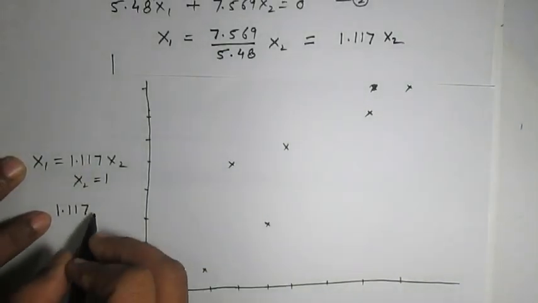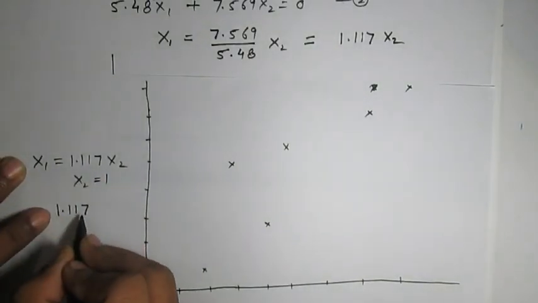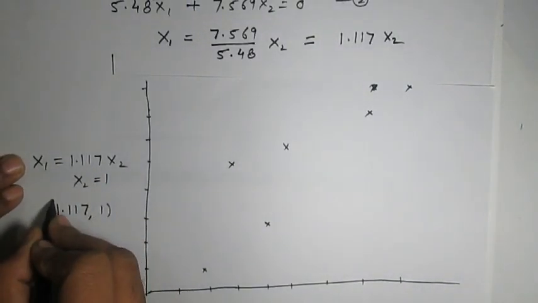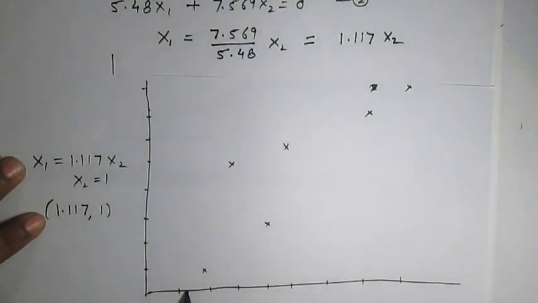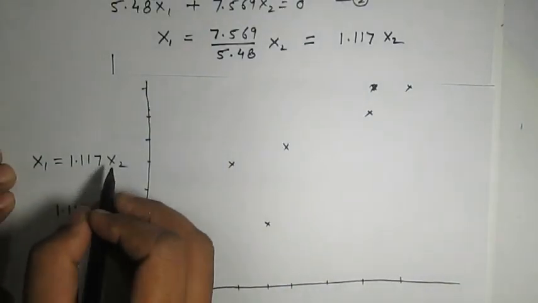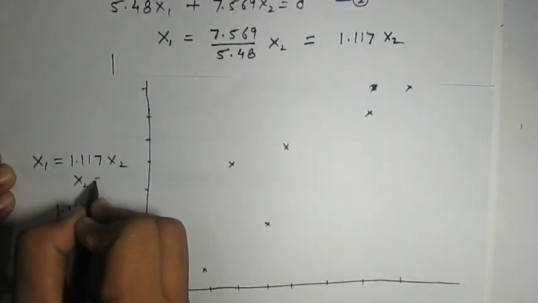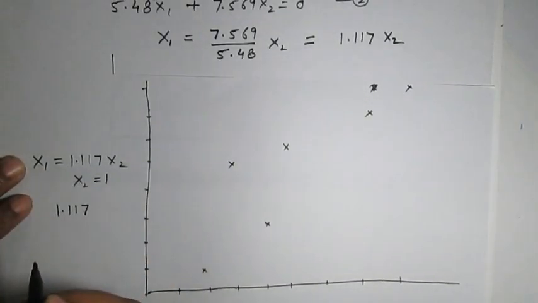So the vector corresponding to this value will be 1.117, 1. Let us draw this vector.